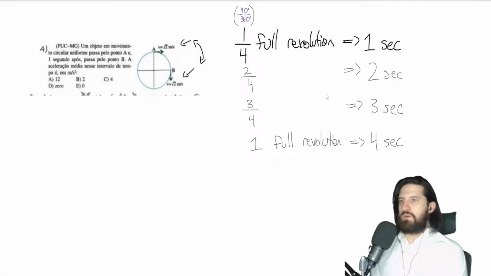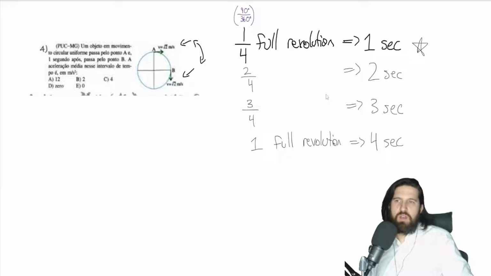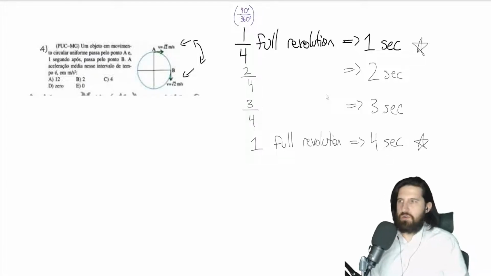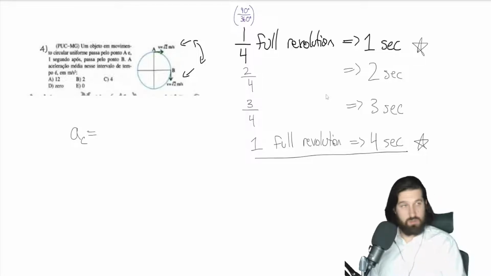Okay. So it takes 4 seconds for 1 full revolution. We could use this number to answer the question, but it's easier for us to use this number. But what they're asking for is the acceleration, right? And this is uniform circular motion, so the acceleration is the circular motion acceleration formula.